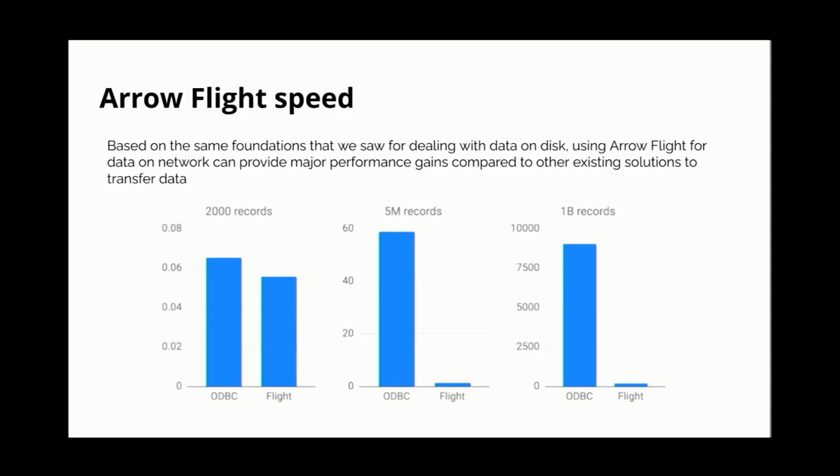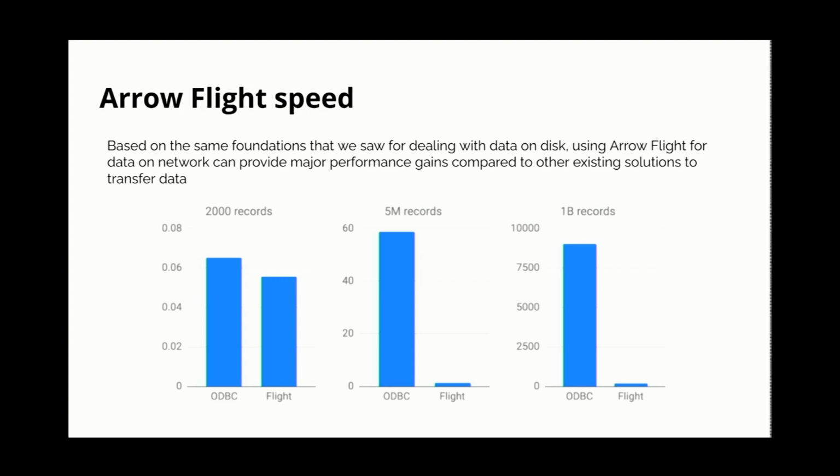Why is this interesting? Suppose that you have data in a database, and that database could support both Flight and ODBC, which is the most frequent standard that you're probably going to use to access a database. Reading 5 million rows or 1 billion records through ODBC is going to take a lot of time, because you have to convert between the formats that your database has on disk, ships on the network, and your ODBC driver wants.